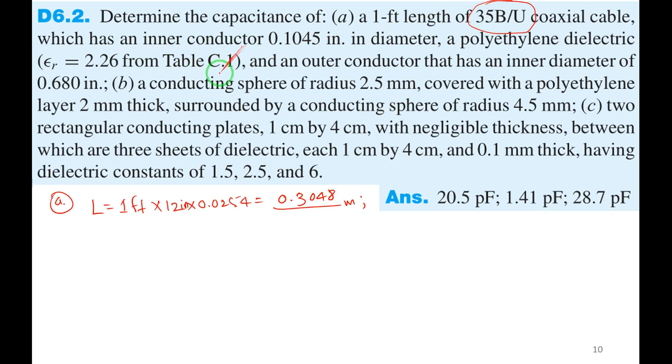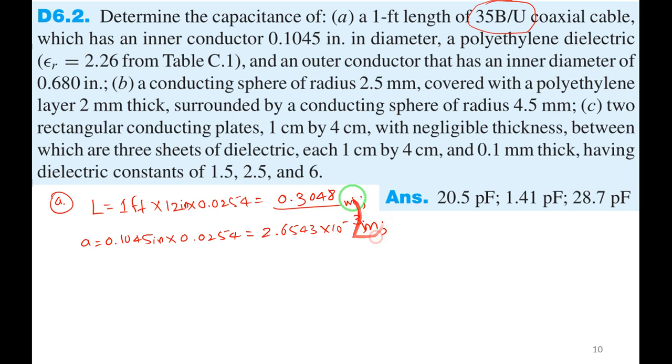It has an inner conductor, which is A. The diameter is 0.1045 inch, so convert it into meters by multiplying by 0.0254. 0.1045 into 0.0254 gives 2.6543 into 10 power minus 3 meters.